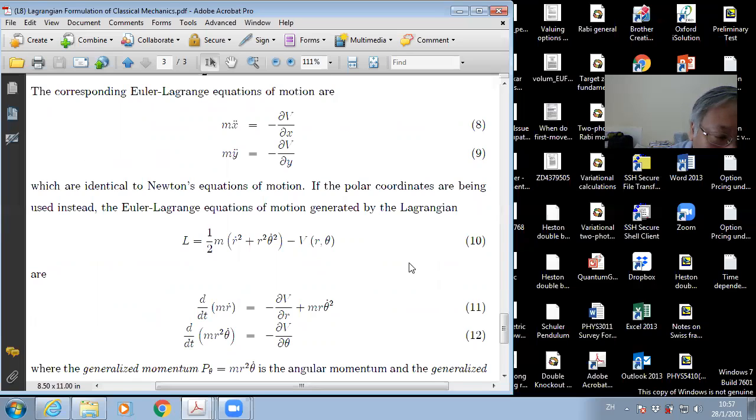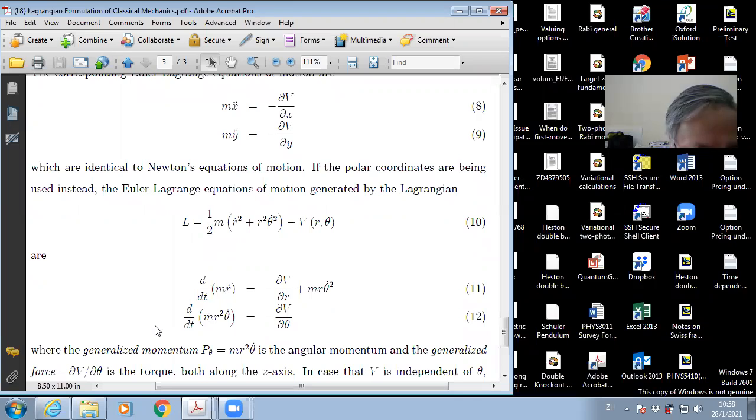First, we take ∂L/∂r dot and obtain m r dot, and then differentiate this result with respect to t. On the right-hand side, we differentiate L with respect to r. It turns out that there are two terms derived from equation 10. One is from the potential energy, the other one is from the kinetic energy, all right?